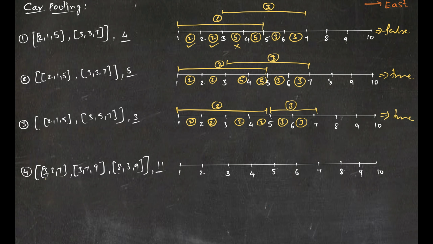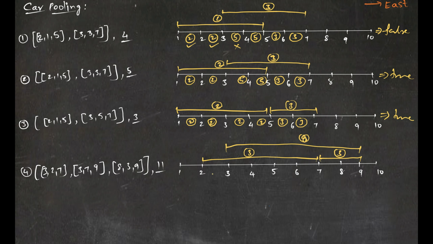And here I have 3 trips: 2 to 7 with 3 passengers, 7 to 9 with 3 passengers, and 3 to 9 with 8 passengers.